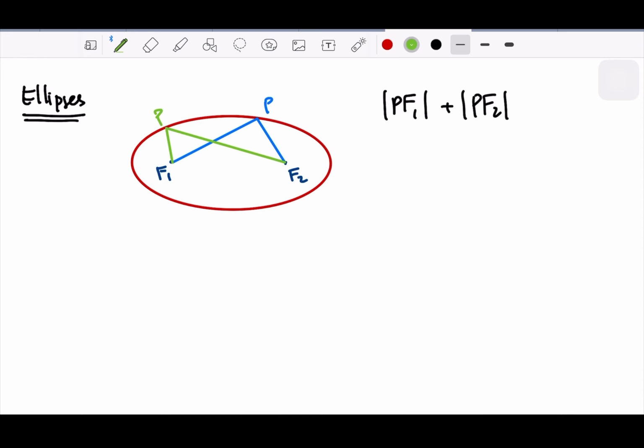Okay, let me draw another ellipse so that it will be clearer. Let's say we have an ellipse inside the Cartesian plane, and set our foci here and here, at some value c, positive and negative c.